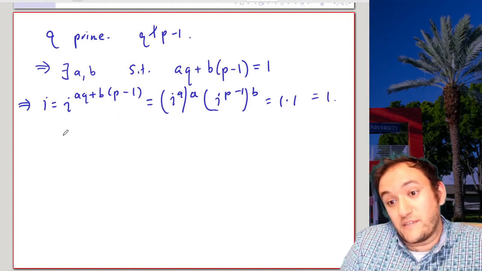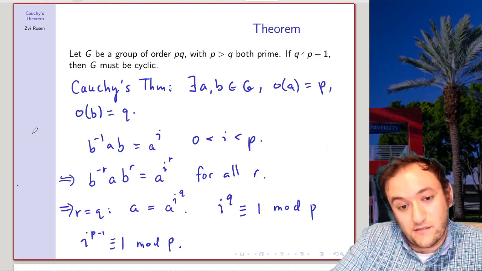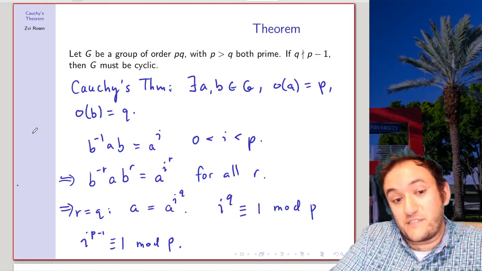So I is 1, which means, recalling what I was, that B inverse AB equals A.